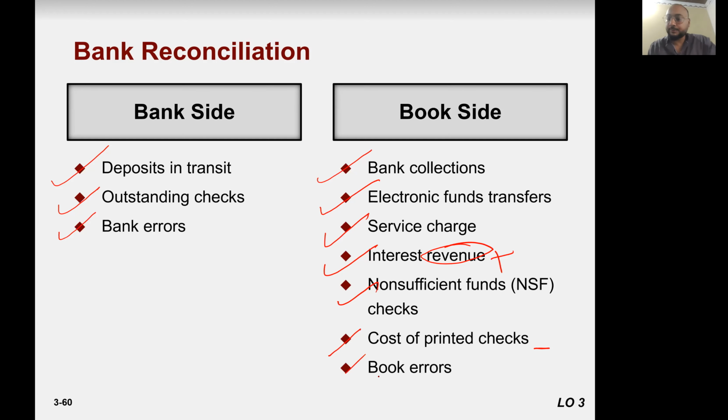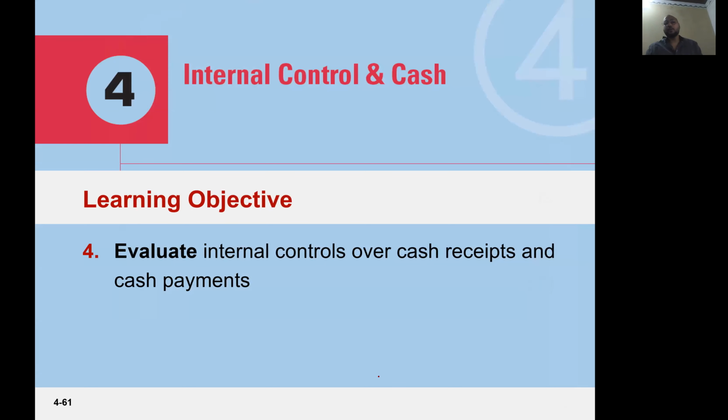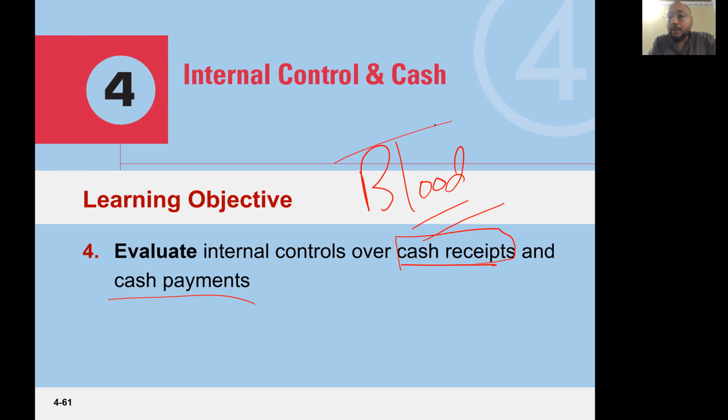And the book errors. Now, today's learning objective is, first of all, to evaluate internal control over cash receipts and cash payments. Because we already talked in our last lecture that cash is the most sensitive and also the blood of any organization, right?